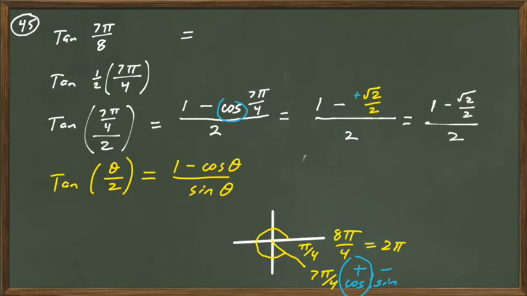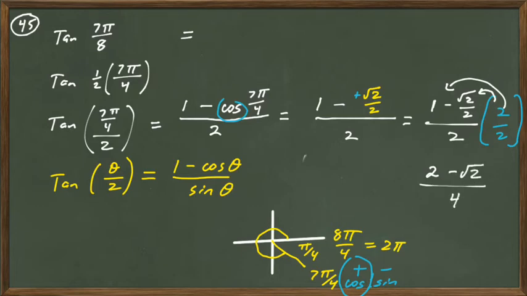I've told you that numerous times. Do we want to get rid of this division by 2 by multiplying by 2? Or would you rather get a common denominator? Multiply by 2. 2 times 1 is, and when you multiply here, the 2's cancel, leaving you the radical 2. On bottom, 2 times 2 is 4. So this is probably the answer they have. Let me check. I'll get back with you.